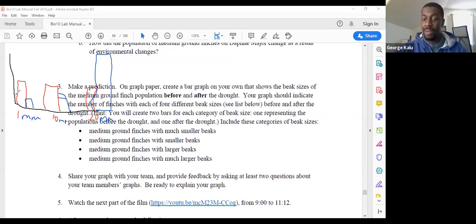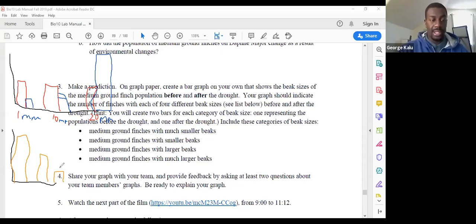Right, the small beaked birds. The small beaked birds were now able to survive because they now had an abundance of small seeds. And in the case of the large beaked birds, they were not able to survive as well because their beaks were too large to be able to use the small seeds.